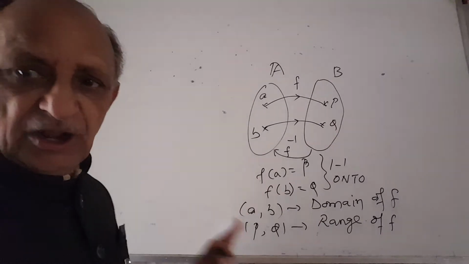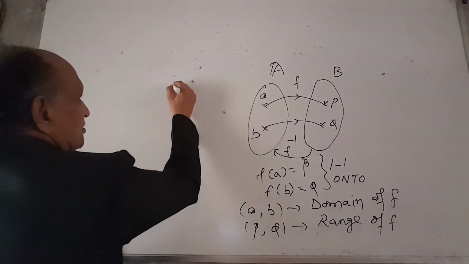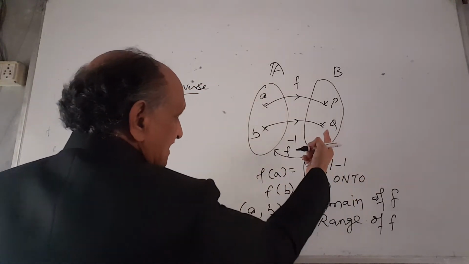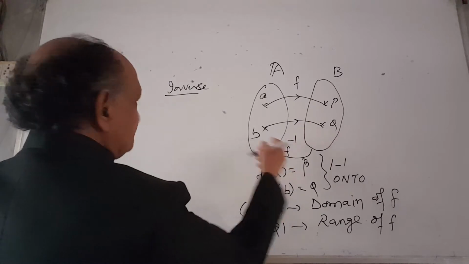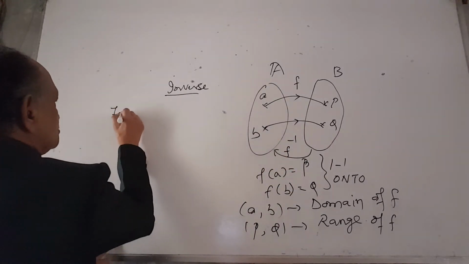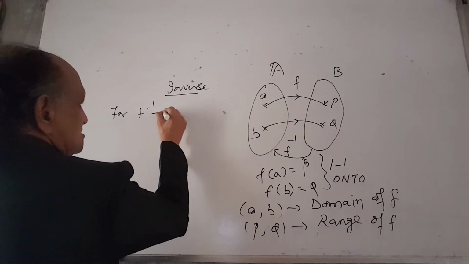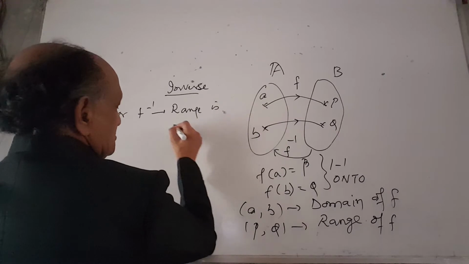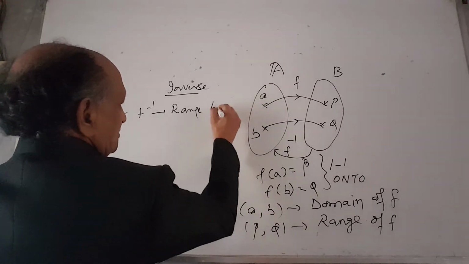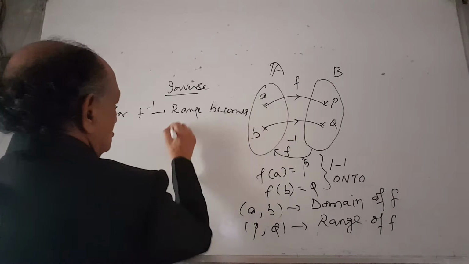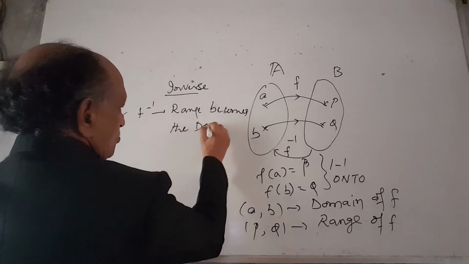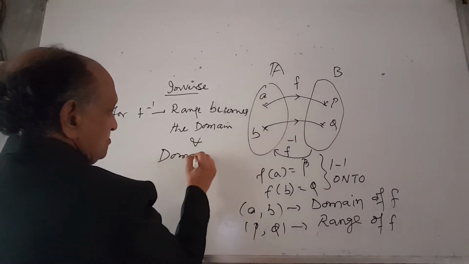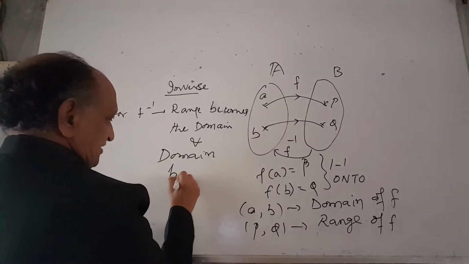When you find the inverse function, for f inverse, the range becomes the domain, and the domain becomes the range.